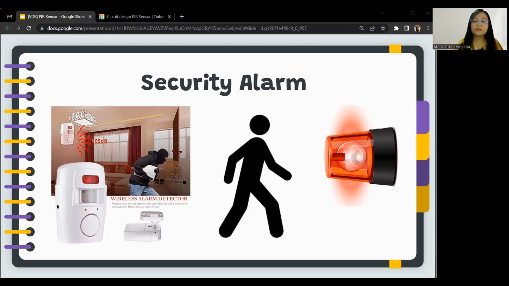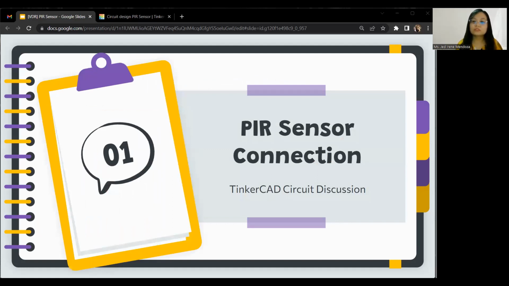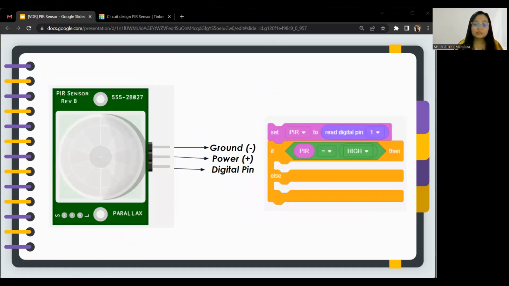If you don't have any more questions, I think we can start with the PIR sensor connection. So this is how we connect the PIR sensor in our circuit. Later on in our circuit, we will rotate this. So this pin right here, that will be on the most right, will be connected to the ground, which has negative charge.